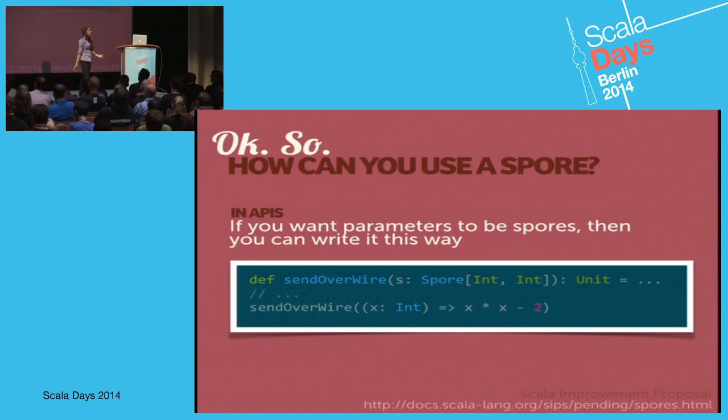But because spores with constraints are just refinements, you could also put, your signature would be uglier and longer, but you could say spore Int, then excluded, and then the member that you don't want. So then that method can never receive an actor, for example.